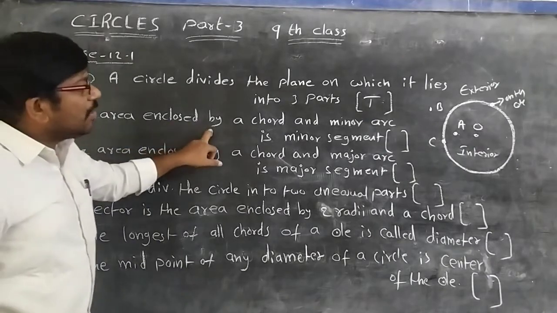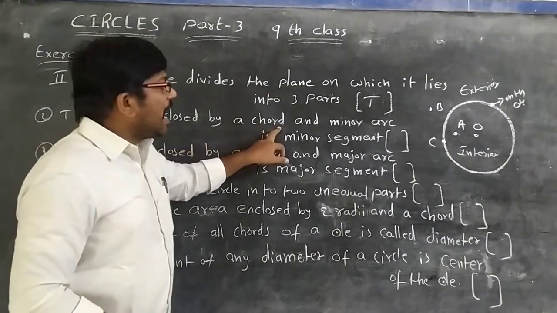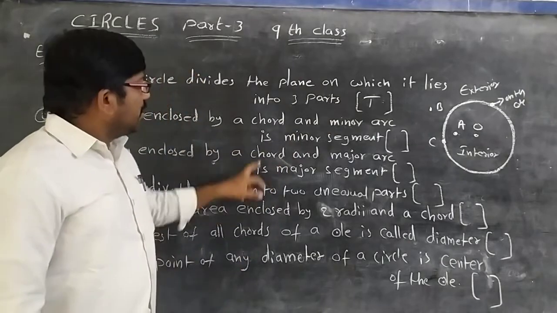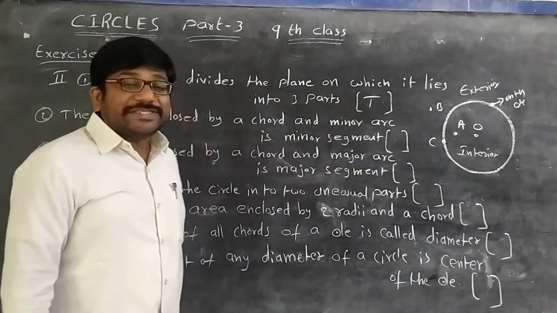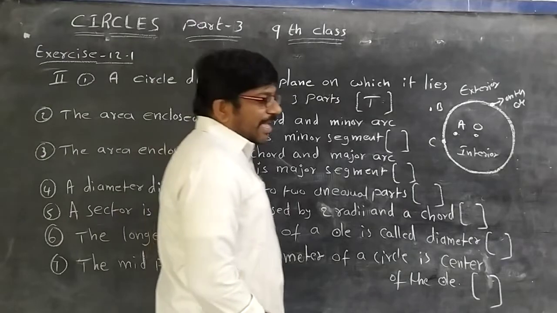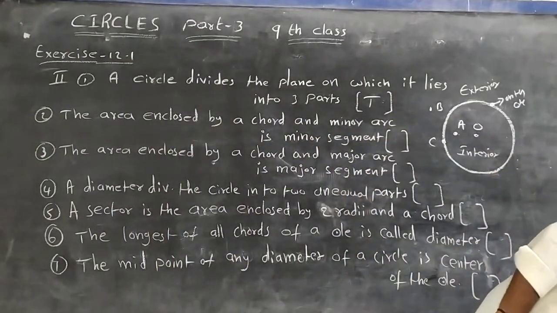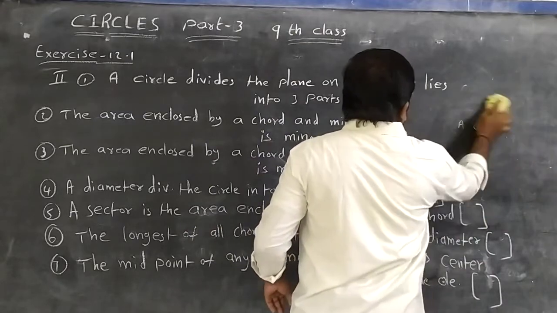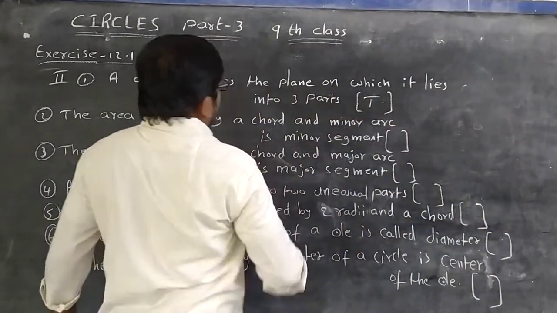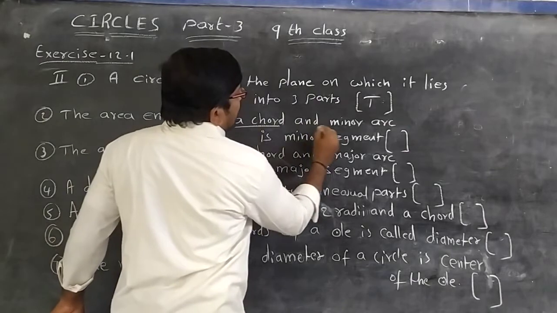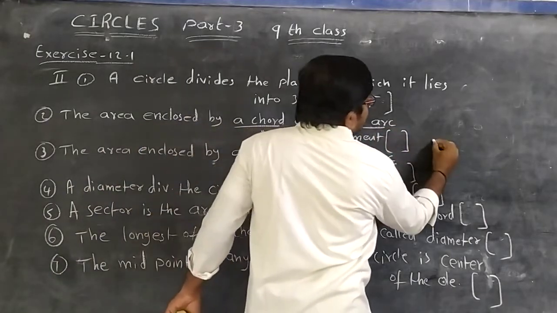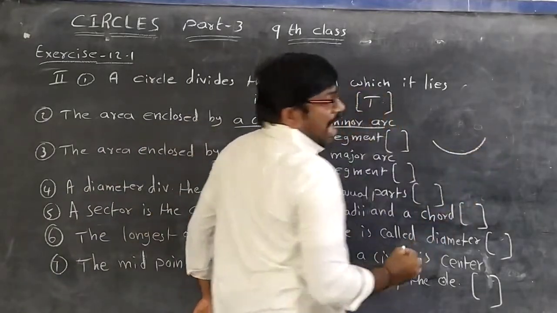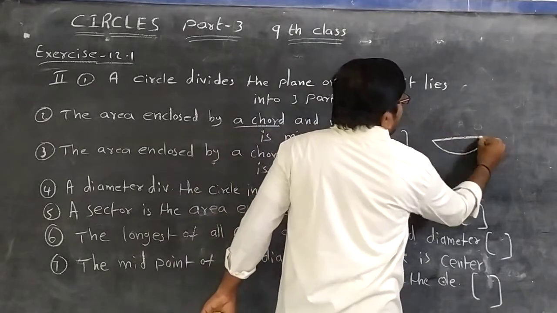Second statement. The area enclosed by a chord and a minor arc is called the minor segment, right? Minor arc means a small arc, and a chord.